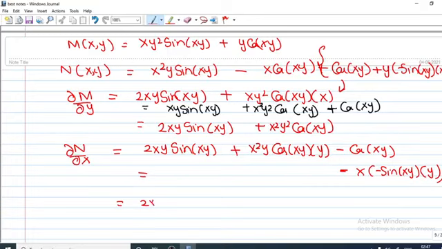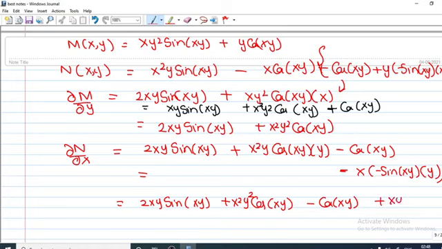Finally we are going to get 2xy sin xy, x square y cos xy, minus cos xy plus xy sin xy. You can clearly see they will add on, and this will become 3xy sin xy plus x square y square cos xy.